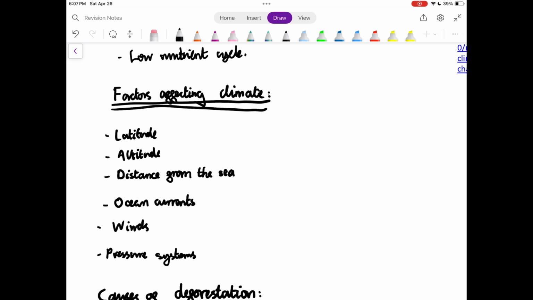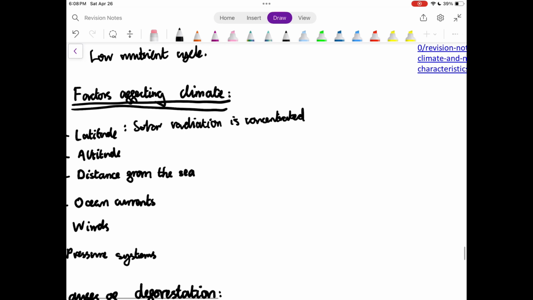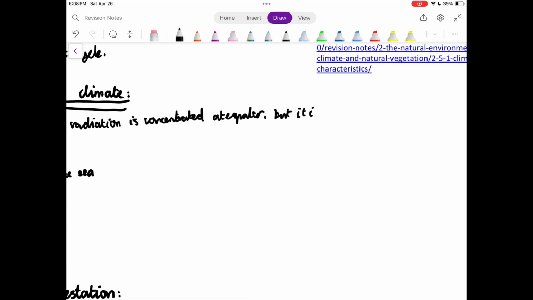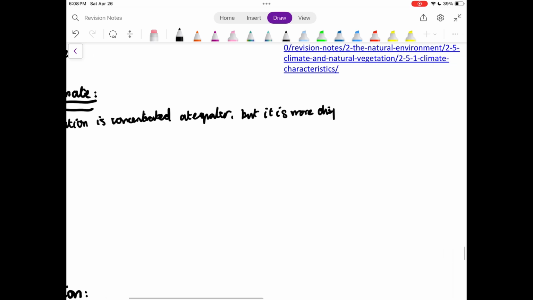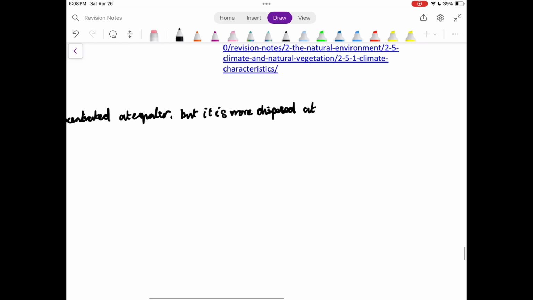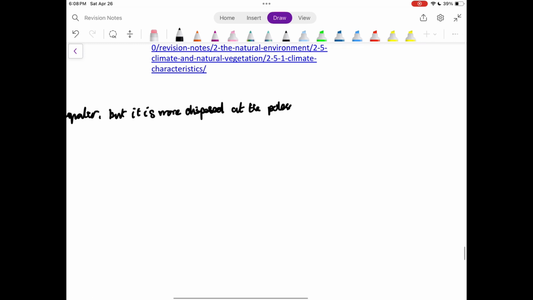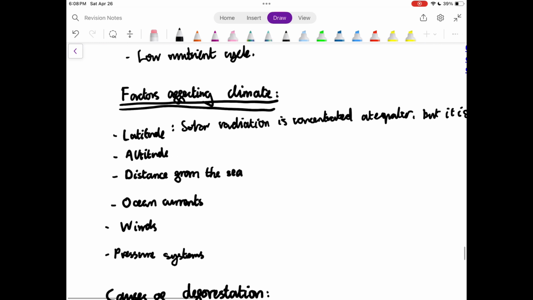For latitude, solar radiation is concentrated at the equator, but it is more dispersed at the poles, so the north and south poles, because there's more atmosphere that has to pass through, and therefore latitude can have an effect on the characteristics of ecosystems.